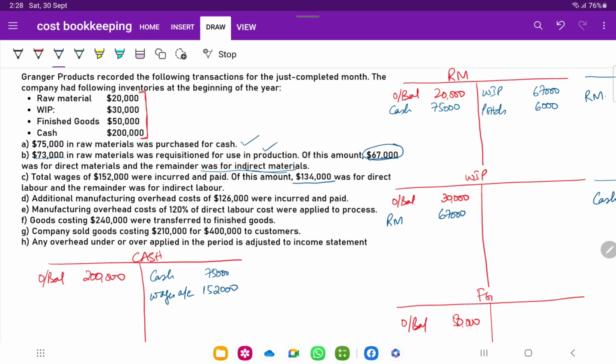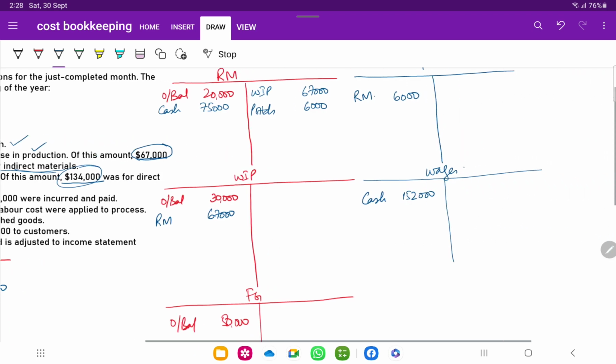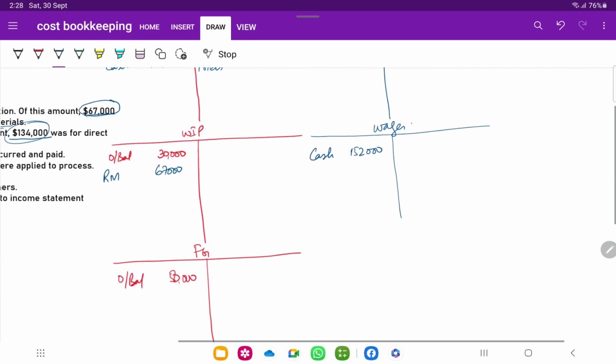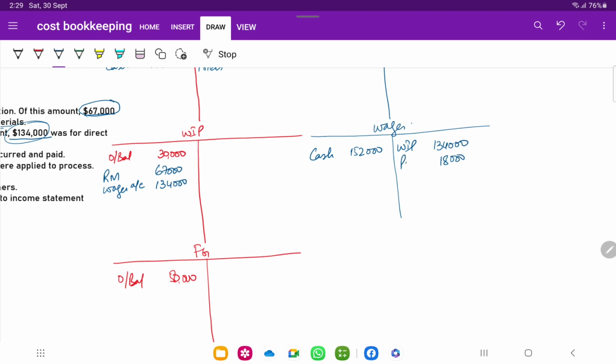Right, and out of this 134,000 is for direct labor. So direct labor is parked in work in progress. So the wages account will be credited with 134,000 with the reference of work in progress, and then 18,000 will be transferred to production overheads.